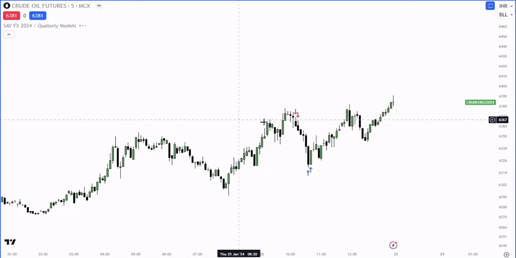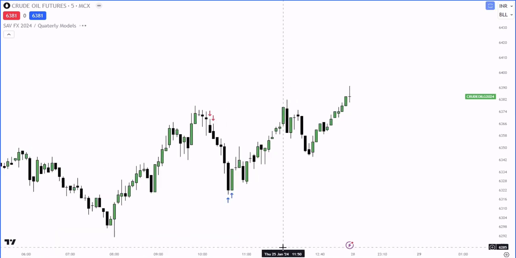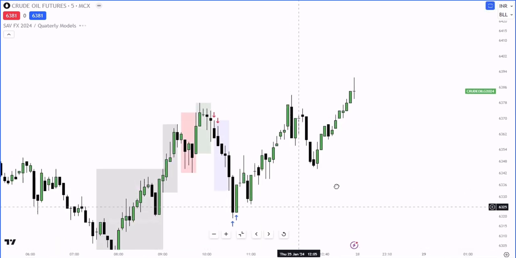Here's how I pretty much trade the micro cycles.